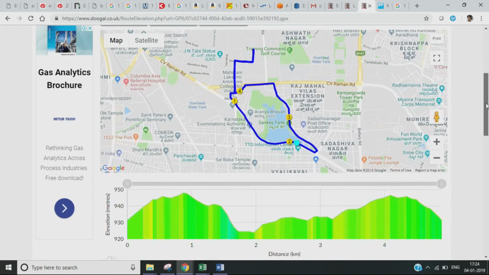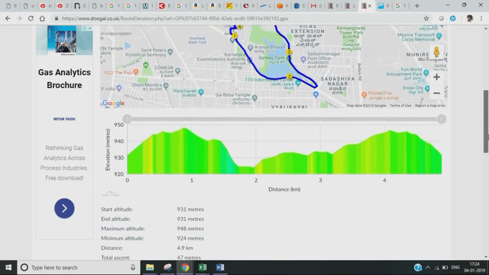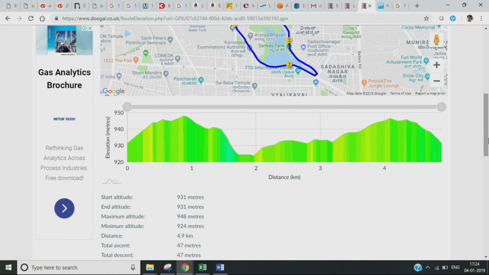What you see is the path that we took: starting here, went round like this, went to point number 2, went to point number 3, went back to 4, and then went back to the starting point. How did the elevation change? Well, that is interesting. You can see here the starting point is 930 meters, this is where we started and this is where we stopped, so both of them should correspond to the same point.